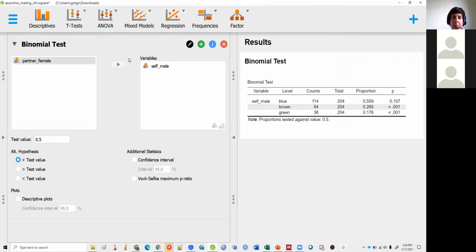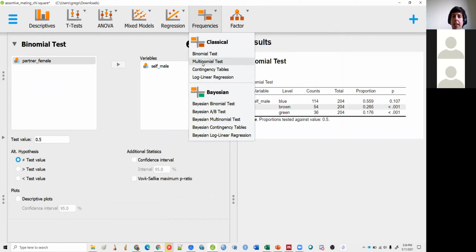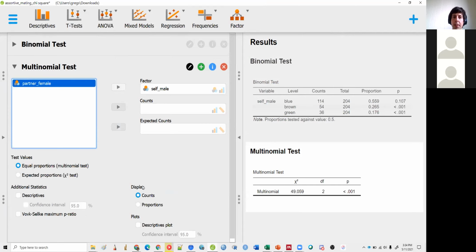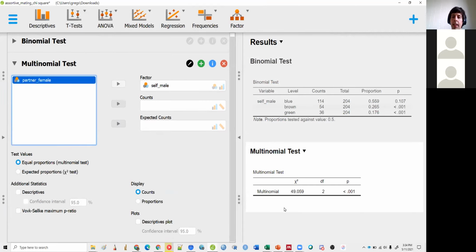So the problem with the binomial test here is that our variable has more than two categories. So what we're instead going to do is the multinomial test, and let's once again do it for males first. The multinomial test is going to be testing a variable in your study that has more than two values to it.